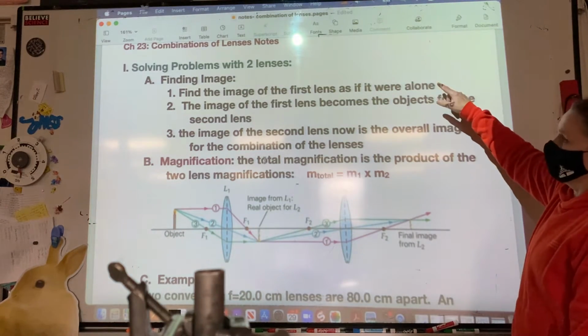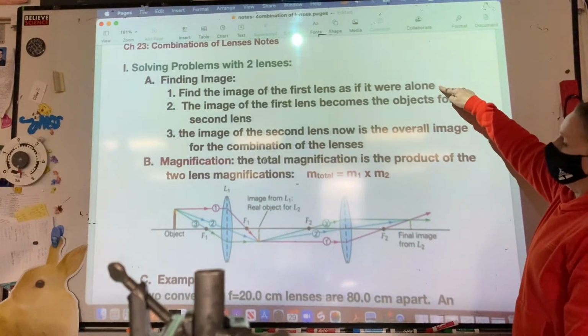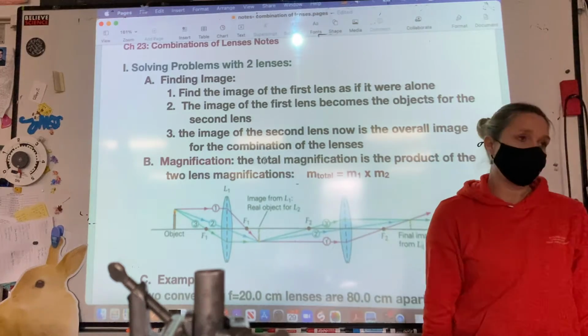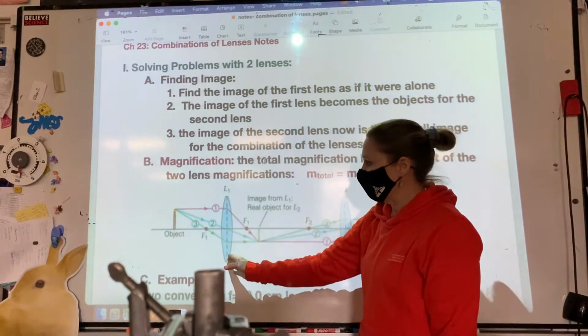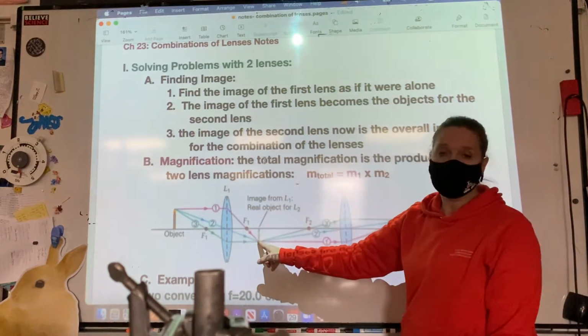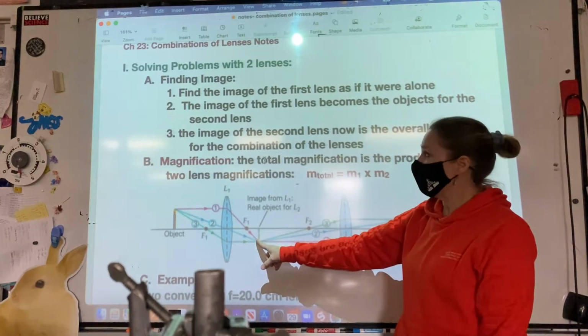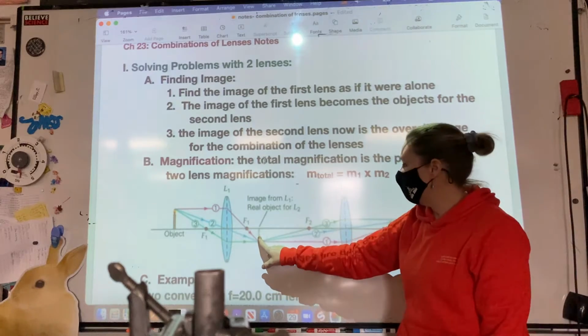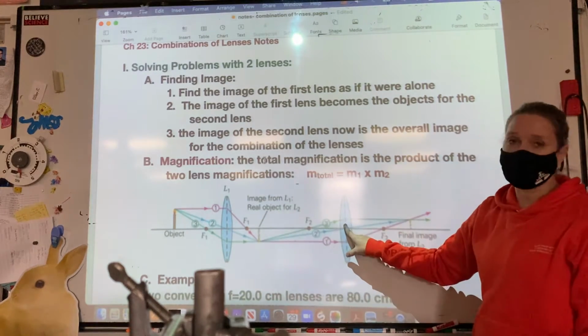So here are the rules. We're going to find the image for the first lens. You're going to treat it like two problems. You have a lens, and don't we know how to find where the image is? The image of the first lens is the object for the second lens.